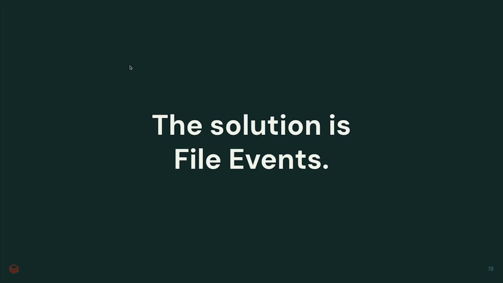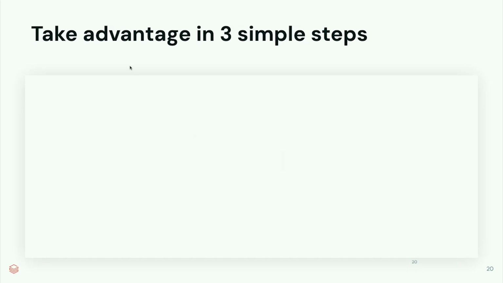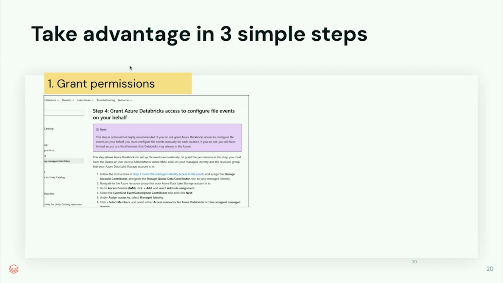So how do we address this? The solution that we are proposing is file events. This is a new way to discover the files with Autoloader and a new way to schedule your job in your pipeline. Let's see how it works. The way you configure file events is to first grant permissions to create file notification queues in your external location.